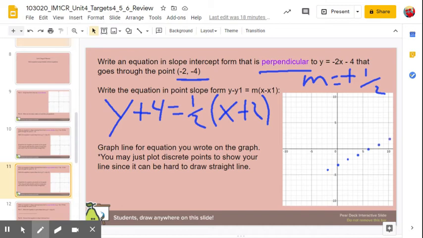Or from that point, go down 1, left 2, down 1, left 2. Again, looking at your line, making sure it's a positive slope, so my line should be increasing. And it is. As x gets larger, y is getting larger. So that is an increasing line. It's going uphill.